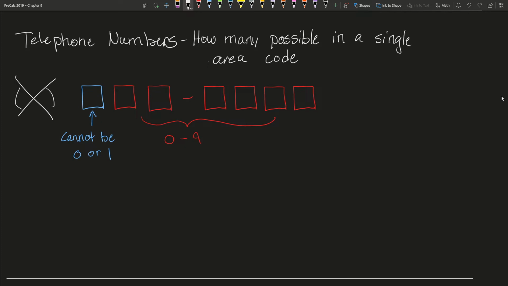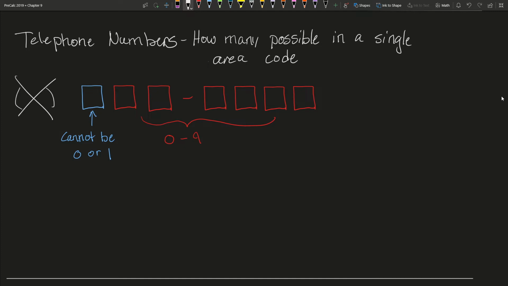It has to be a digit, but that digit cannot be 0 or 1. And then the next 6 numbers are anything from 0 to 9.